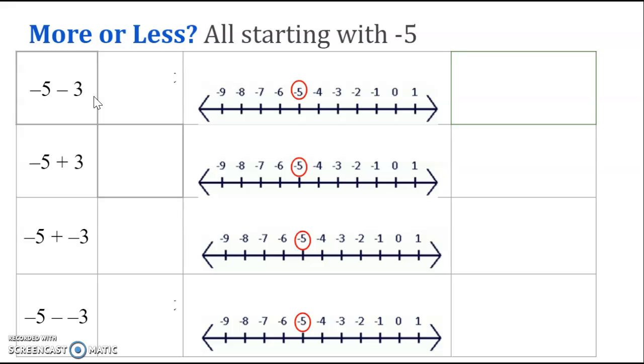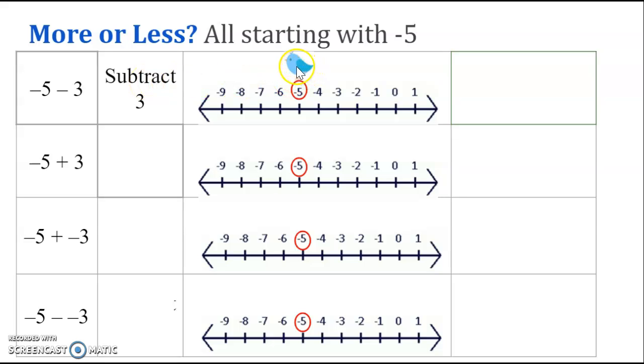So hopefully you've watched the Edpuzzle video and you've seen the bird analogy, and we're going to use that same thing. But what is happening to -5? We're subtracting 3 from it, subtracting a positive number 3. We're starting with -5, but because we are subtracting, where is the birdie going to be facing?